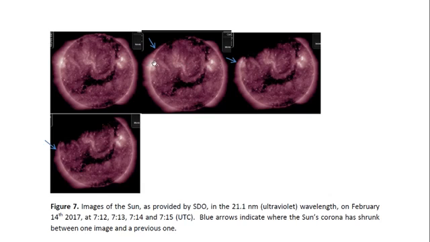You can see if we compare the size of the corona here with the size of the corona there, it has obviously shrunk back towards the surface of the sun. It has not been covered. It's shrinking ahead of the advancing darkness.